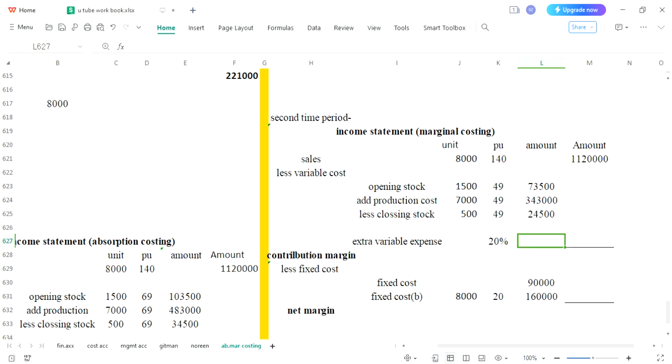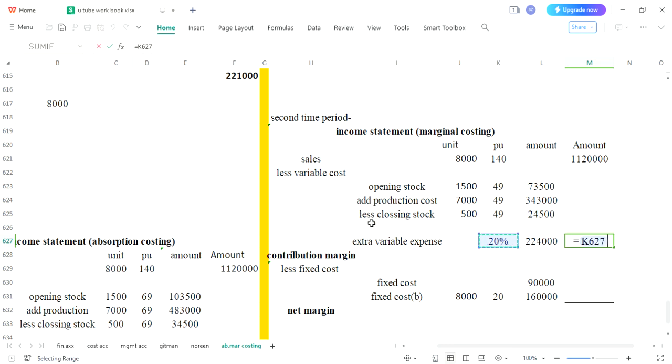One extra variable expense, 20% of sales. Amount of sale is over here. So we will take its 20%, multiply by 20 divided by 100. In this way, variable cost is completed. We will sum up, and how we will sum up, we'll focus upon these signs.